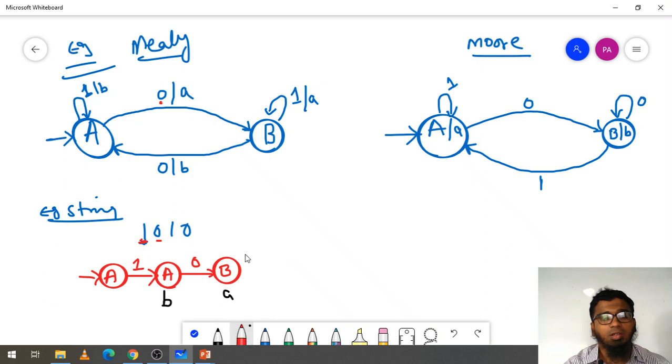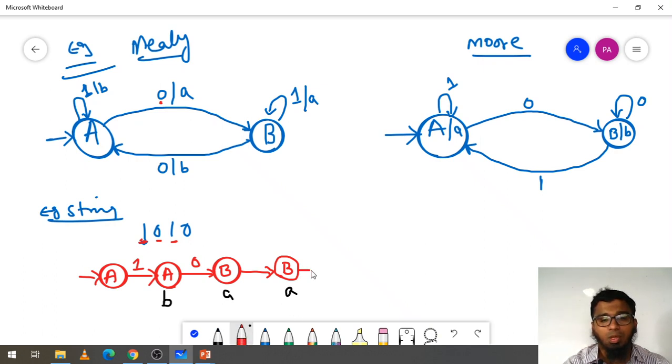Okay. Next, from B on 1, where is it going? It is going to B only, and what is the output we are getting? The output is small a.